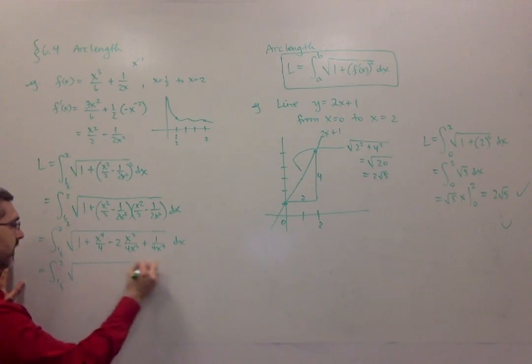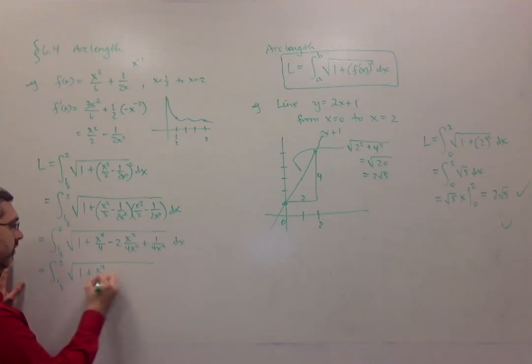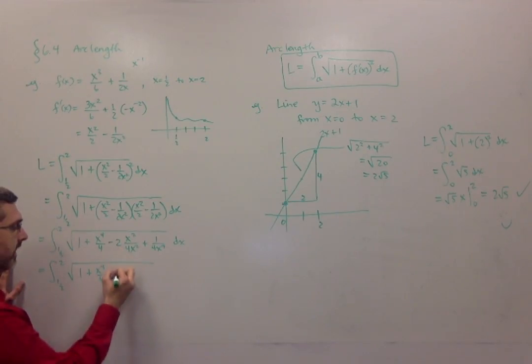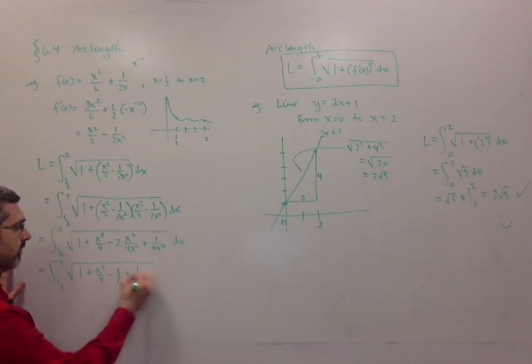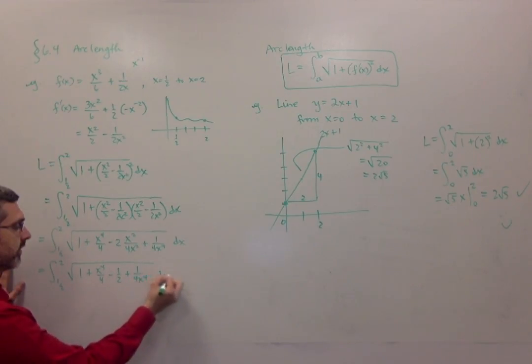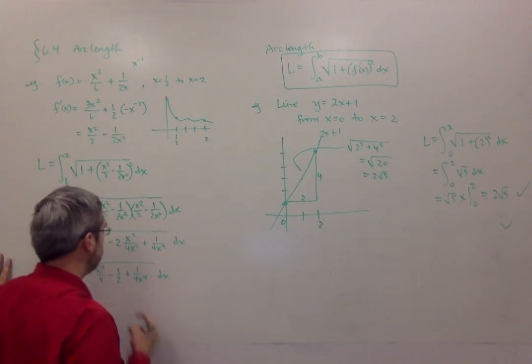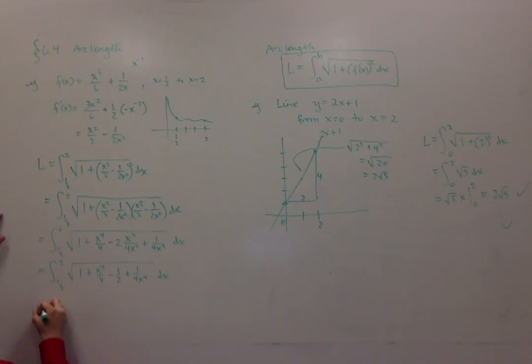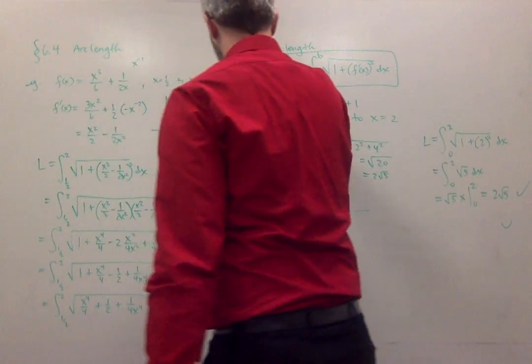So what I get is 1 plus x to the 4th over 4 minus 1/2 plus 1 over 4x to the 4th. Notice that the 1 and the 1/2 can be combined, and what I get now is x to the 4th over 4 plus 1/2 plus 1 over 4x to the 4th. Do you follow what I did there? It's multiplying out.